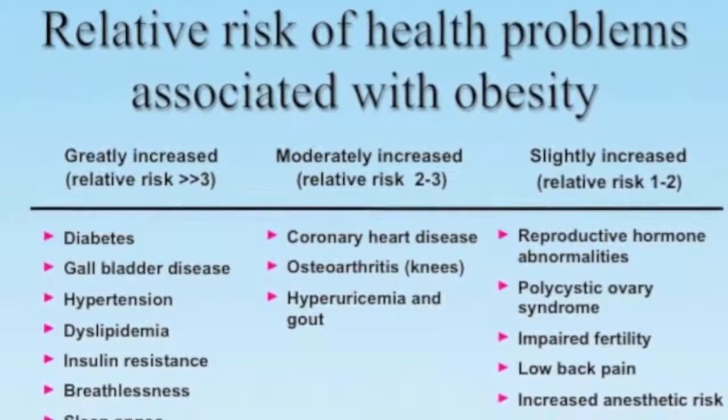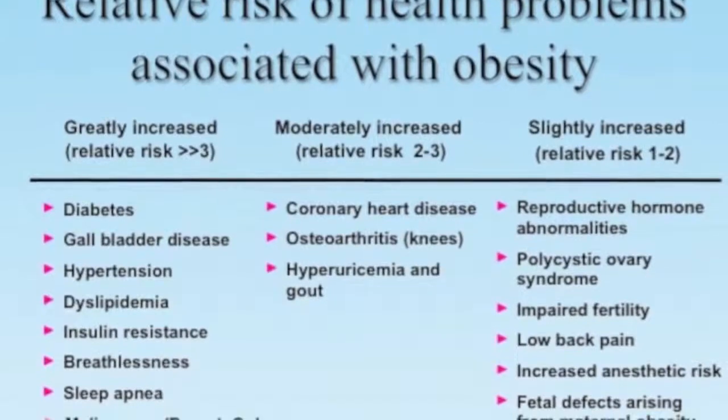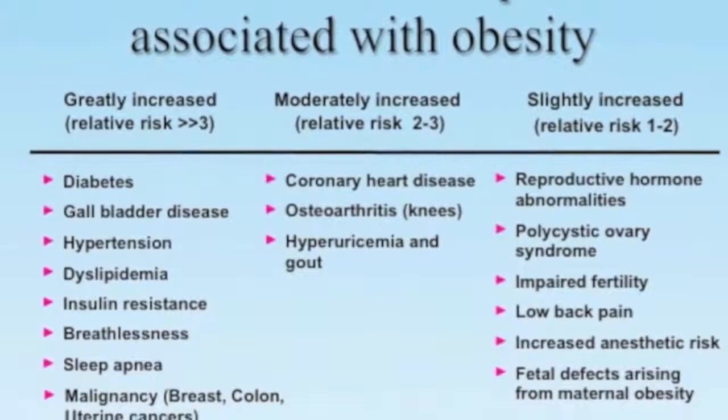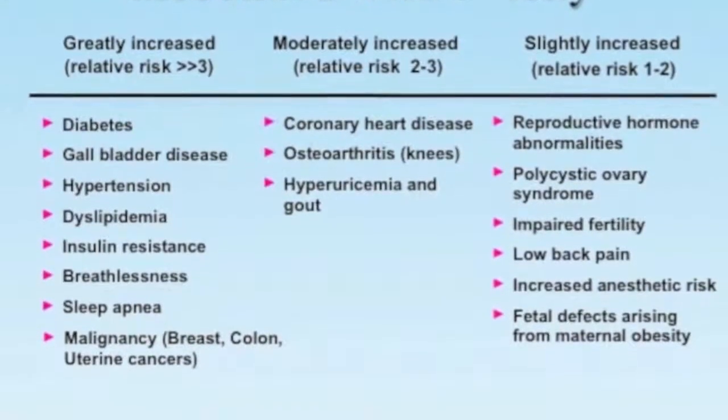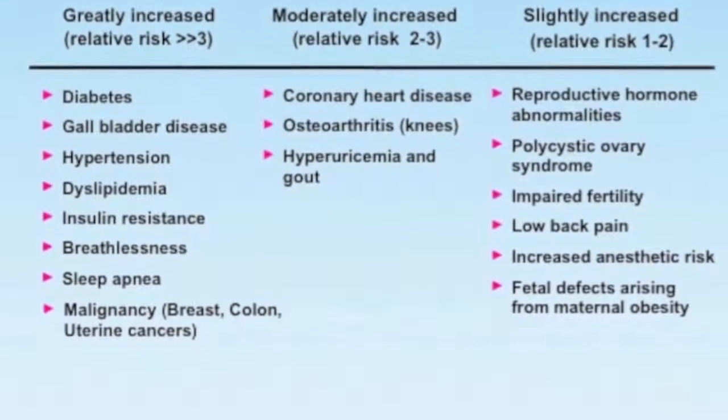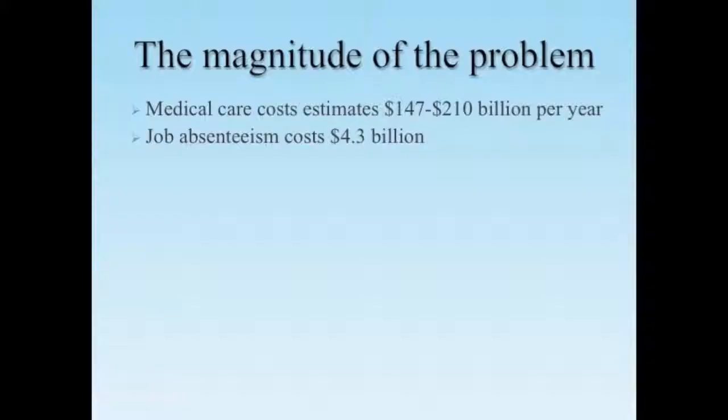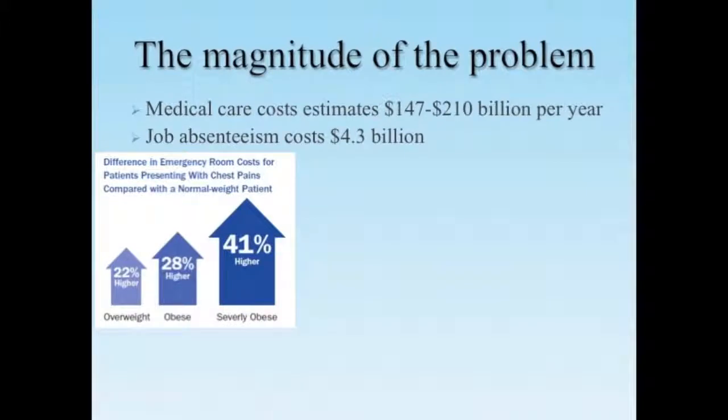The table below shows a myriad of medical conditions which are associated with obesity, and of course as your weight increases, the risks of developing these conditions increases as well. If you look at these numbers, the medical costs due to obesity is estimated to be between $150 to $210 billion. The cost of caring for people in the emergency room increases exponentially as their BMI increases.